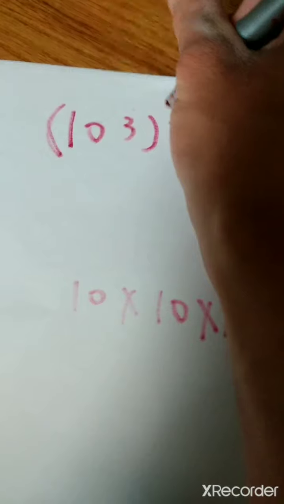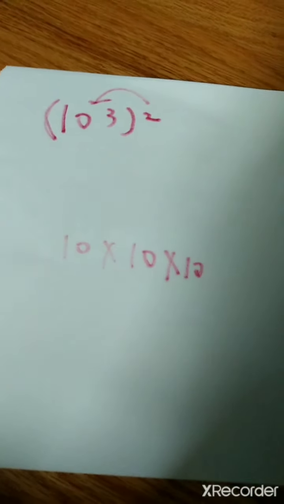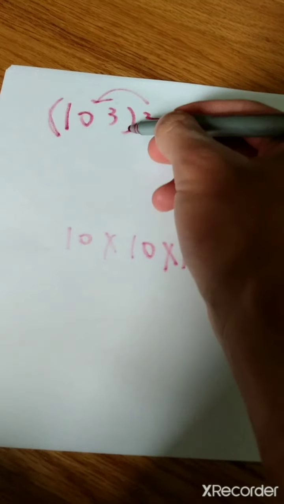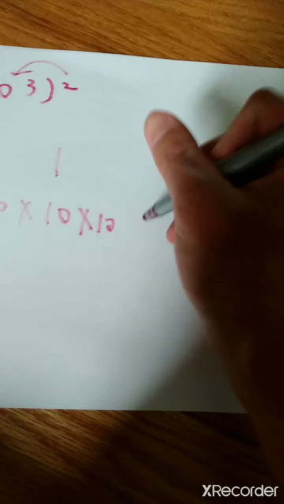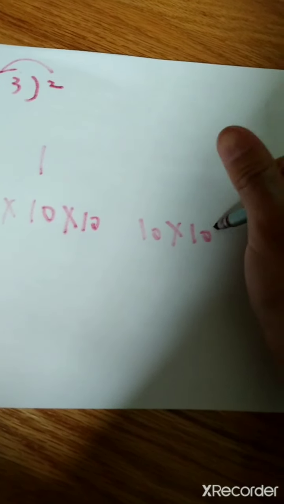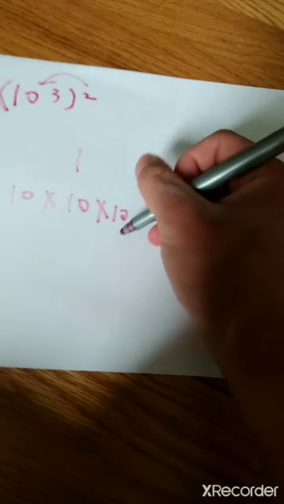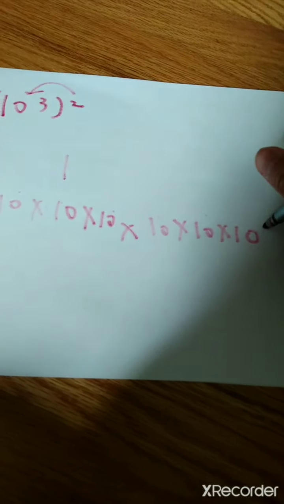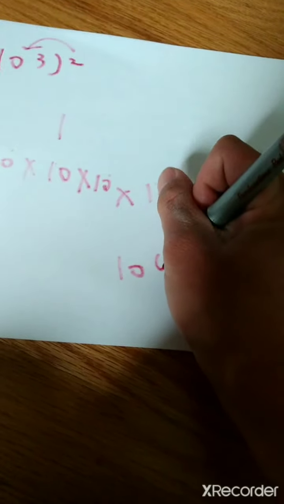That 2 is going to want the 10 to the power of 3 to rewrite itself. Because 10 to the power of 3 is the first time you write it, we have to write it a second time. So pretty much, we have 1, 2, 3, 4, 5, 6 tens. That is going to equal 10 to the power of 6.